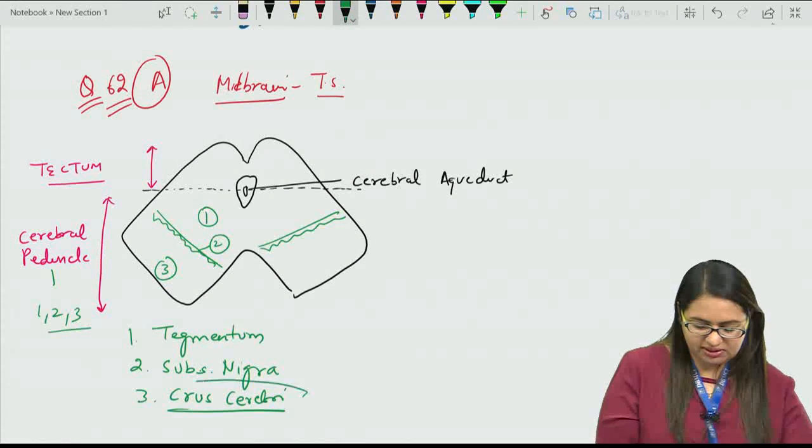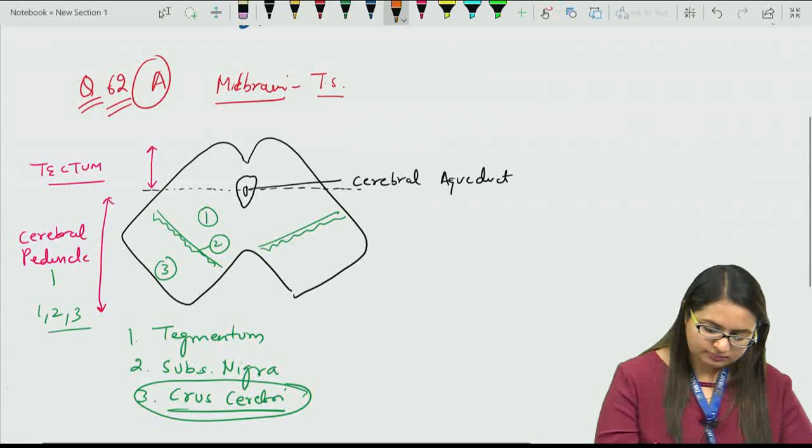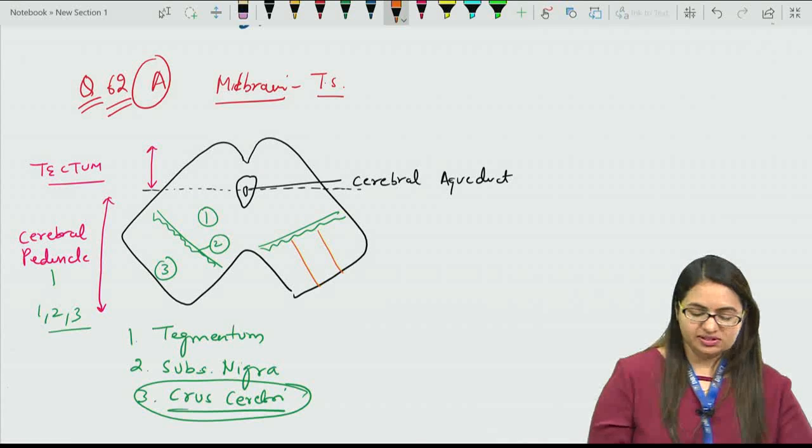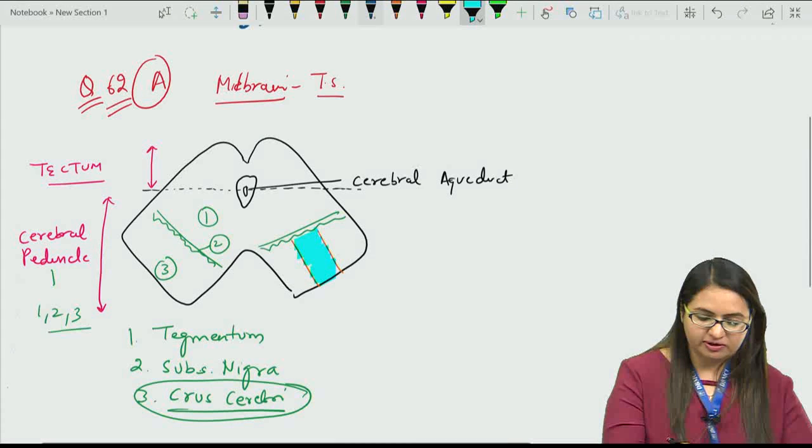Now when we talk about the crus cerebri, through the crus cerebri the fibers are passing. Towards the middle portion of the crus cerebri, the corticospinal and the corticonuclear fibers are running.